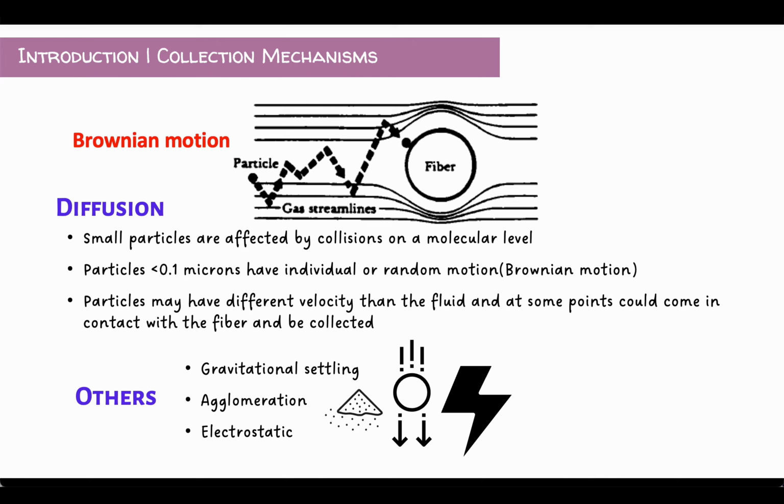Some particles have a small electrostatic charge and can be attracted to a material of opposite charge. Electrostatic charges could, on the other hand, have a bad effect if the charges of the particles and fiber are the same. Electrostatic charges can be particularly useful for the capture of particles in the submicron range. The use of a selected fiber material or a specially coated material may enhance particle capture.